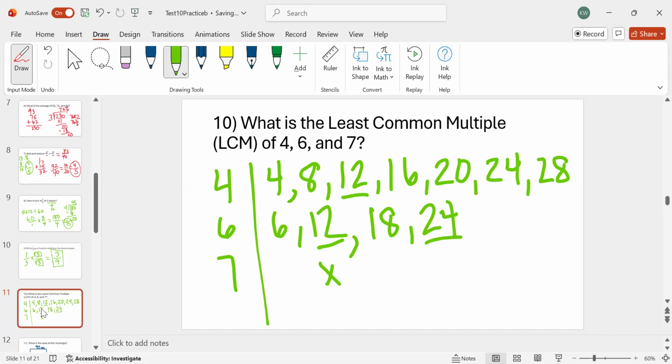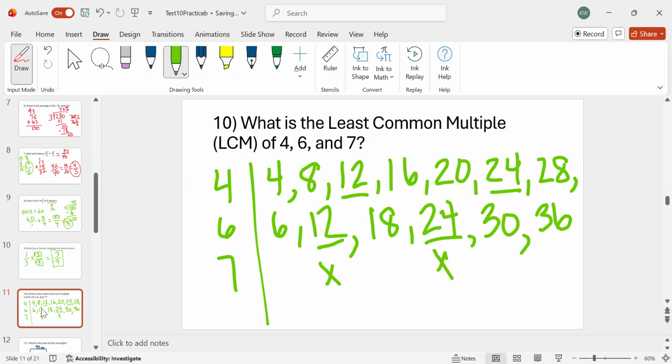Those show up for both 4 and 6, but 24 is not a common multiple for 7. So let's keep going. 6 times 5 is 30. 6 times 6 is 36. Again, we're going to have to go a little bit higher here.